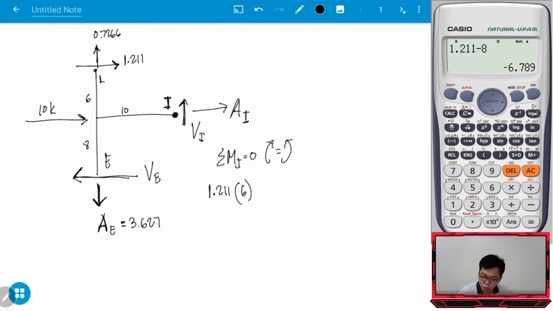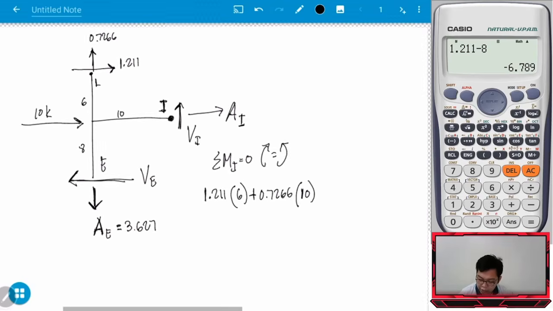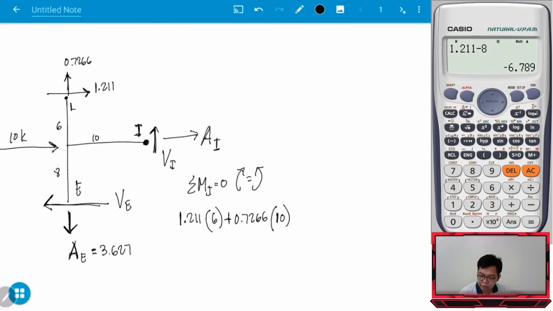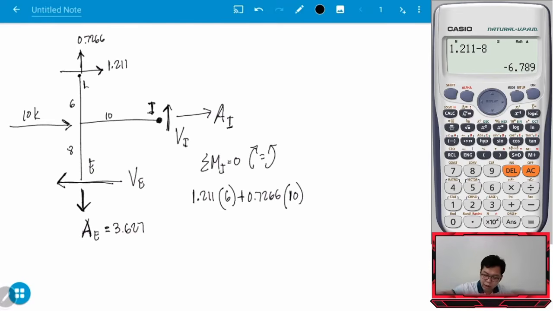Meron pa pala. Yung 0.7266, that is actually clockwise din. 0.7266. Ang moment arm nga lang is 10. Di ba? That is actually yung AL natin dyan. Okay? And then, yung VE is clockwise din, di ba? So, plus VE multiplied by 8. Okay? Now, that must be equal, okay, dito ko na ilalagay, equal to the counterclockwise moment.